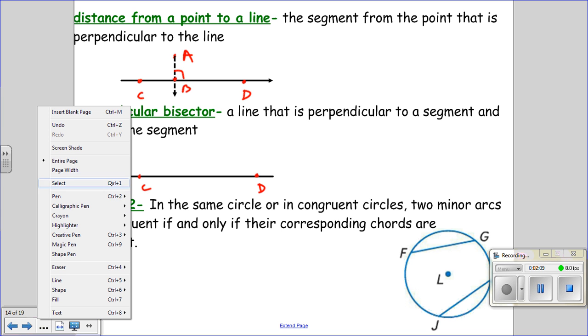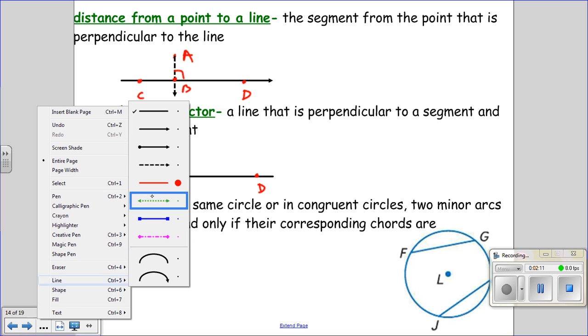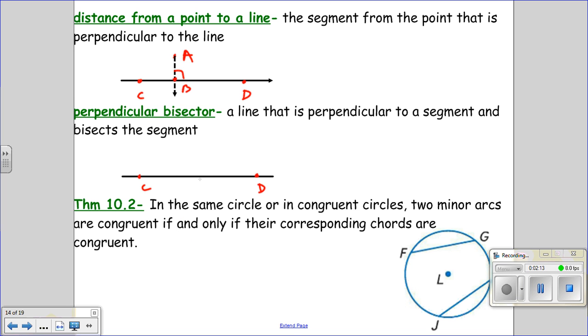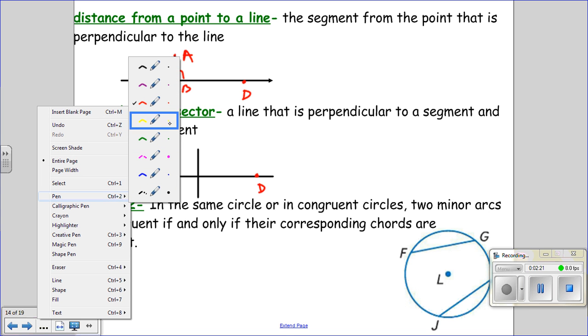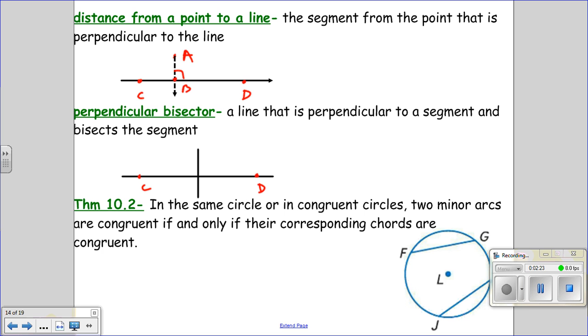Then line AD will be a perpendicular bisector if it's perpendicular and it cuts it into two equal parts. So AD, or B, sorry, has to be perpendicular, form a 90-degree, and cut the line into two congruent parts.